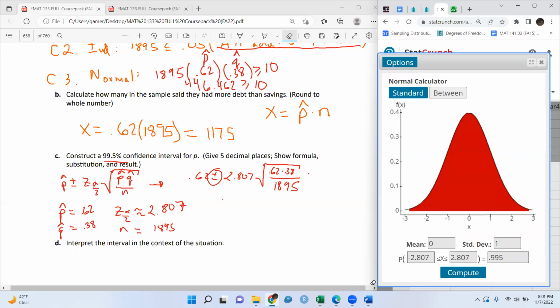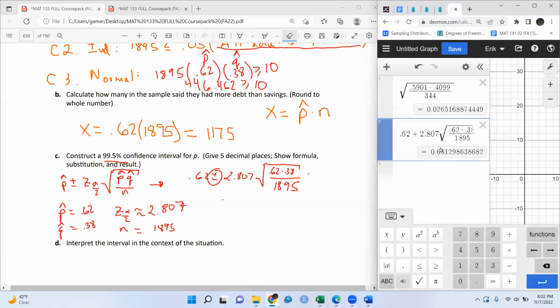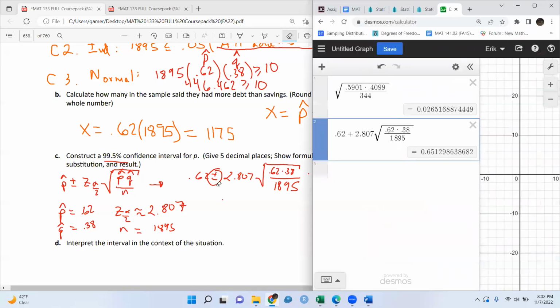So what you're writing, like your 62 plus or minus 2.807, you're just taking from your answers. I did bother in Desmos to type in the upper limit: 0.62 plus 2 point blah, blah, blah, and there it is.